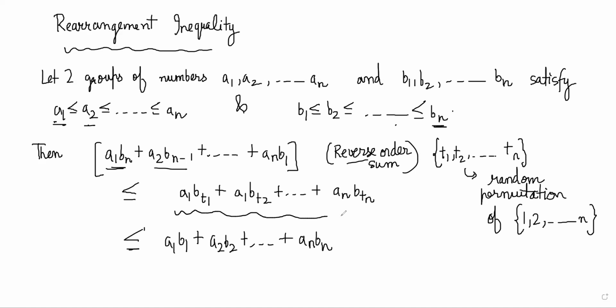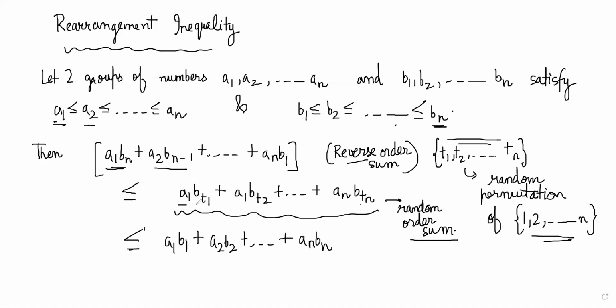This sum is basically a random order sum, because T1, T2 till TN is a random permutation of 1 to n. So we don't know A1 B_T1. T1 could be the term 5 or T2 could be term 6. TN could be the first term.